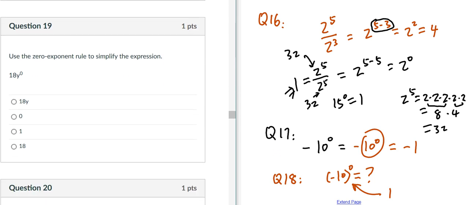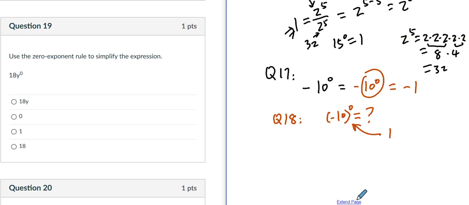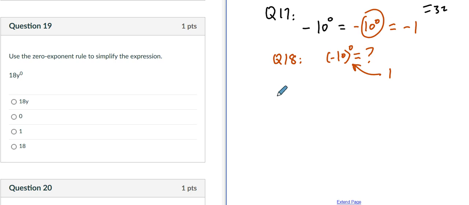All right. Question 19, we have 18 times y to the 0. y to the 0 is 1, any number to the 0. 1 times 18 is 18.